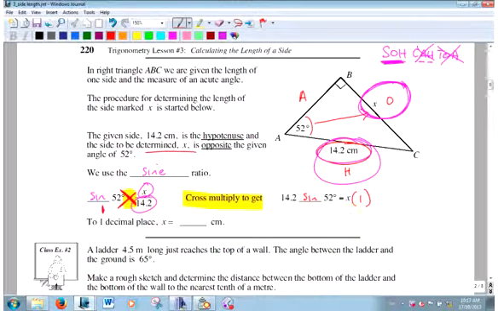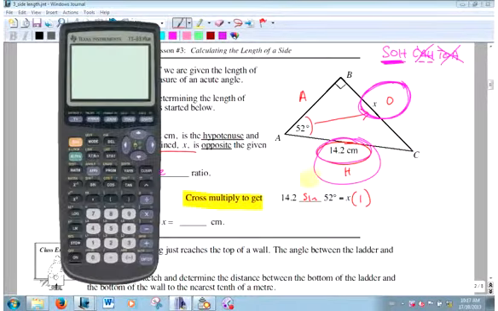But we don't have to multiply by the 1, so we just drop it. Everybody okay with that? So that's what x is. It's 14.2 times sine of 52.